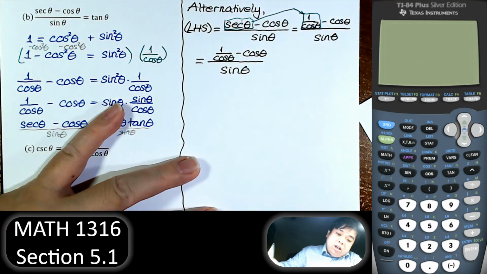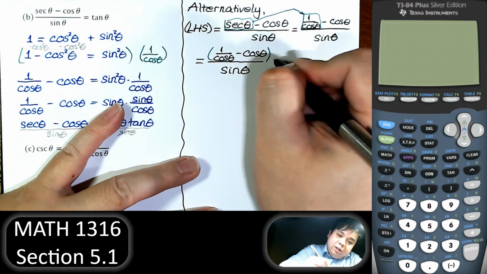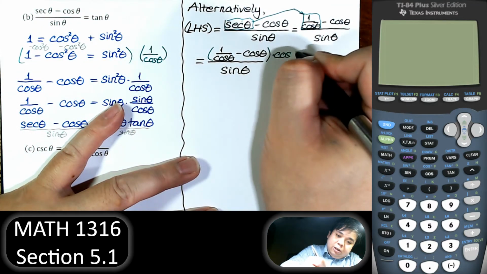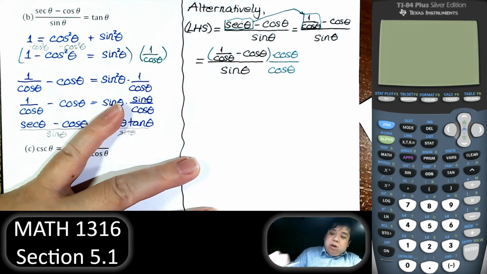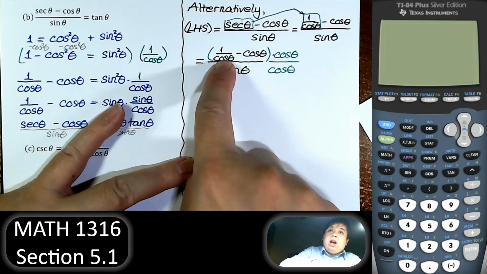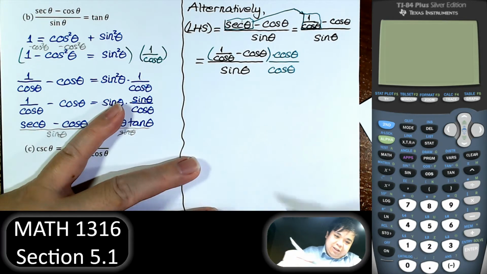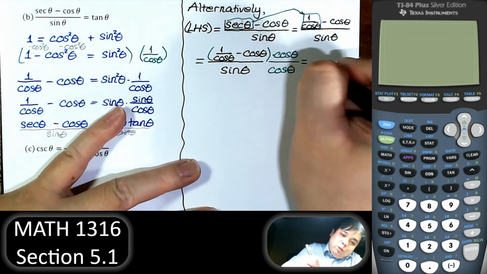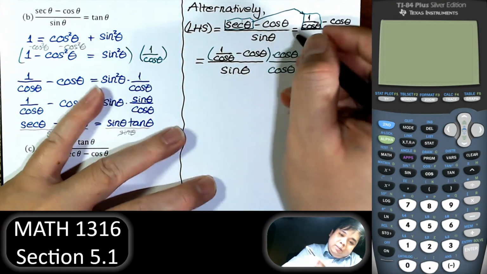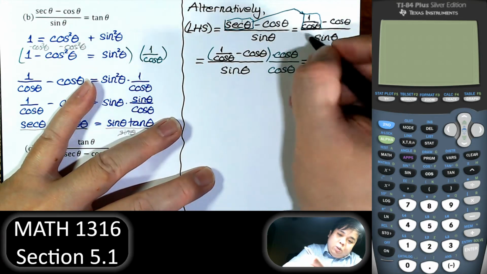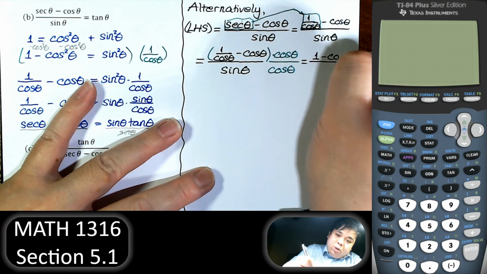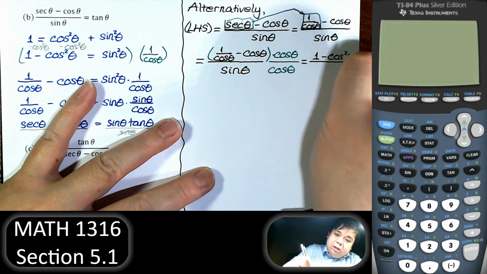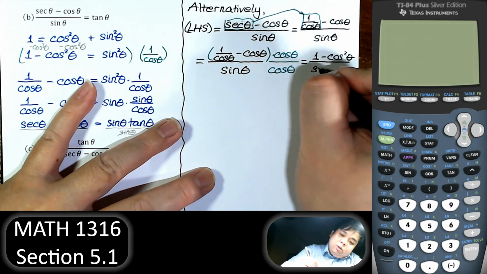I will multiply top and bottom by cosine, because when I do that, the cosine here cancels out. So when we do that, we will get cosine cancel with cosine is 1, and cosine times cosine is cosine square. The bottom is sine times cosine.